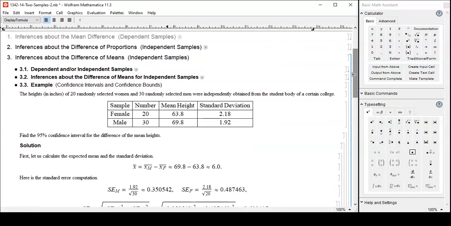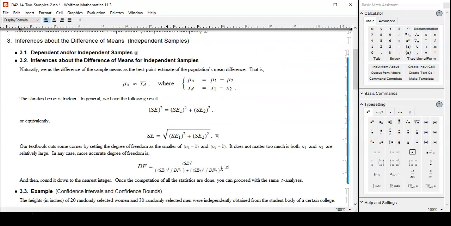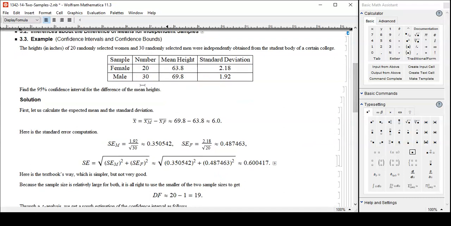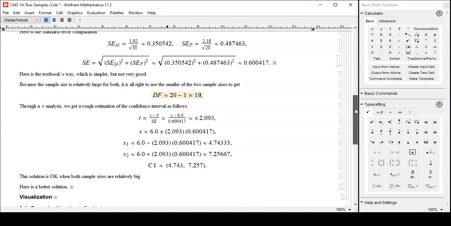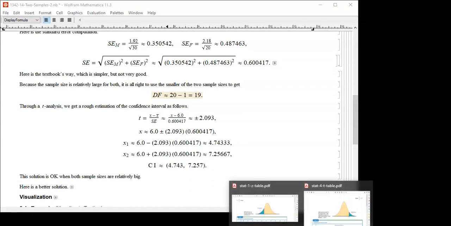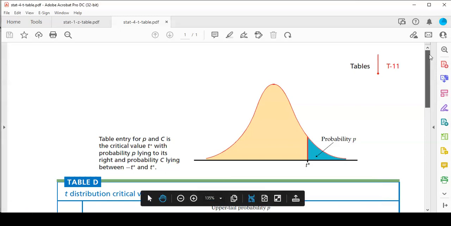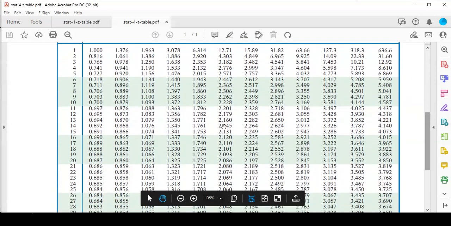You see, this formula here, oh my, that's too complicated, so let's not worry about it. Simply take the smaller of the two, and the small sample size is 20, so 20 minus 1, 19. Just go with 19. In this t-table, go with a degree of freedom of 19.